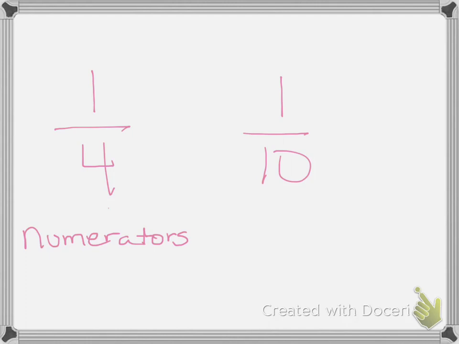That's right, the 10 is going to have the smaller pieces. So 1/4 would be greater than 1/10. So if my numerators are the same, then the smaller denominator is going to be the bigger pieces.